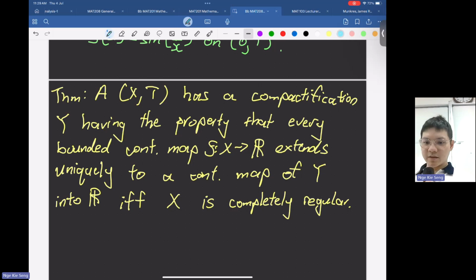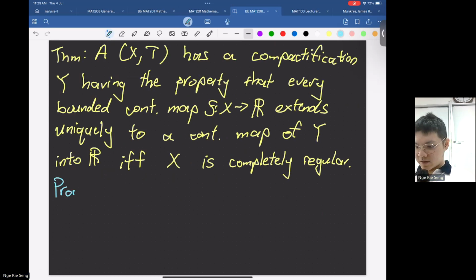So let's prove this. One direction is easy. Actually, we discussed it the other day. Which direction? Whenever you see if and only if, you can play a game: which direction is easy?